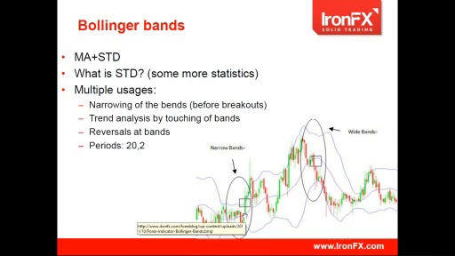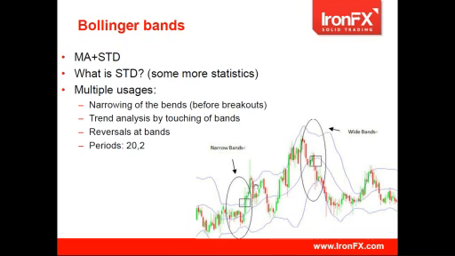Okay, so this is also a way of looking at overbought or oversold levels, and there are traders who also use this indicator as a trend following indicator. Again, there are lots of ways to use the Bollinger Bands, but one thing you need to understand is that the reversal way is to look for closes outside the bands and then look for reverting back to the mean.